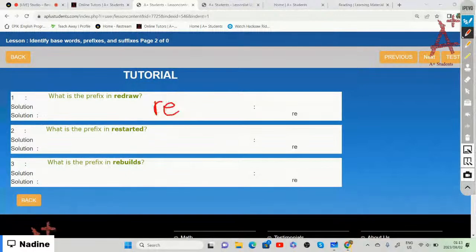Also in the second one, the prefix in restarted is re, because the base is started. And also here it says re for rebuilds. The word that can stand on its own, which is the base word, is builds.